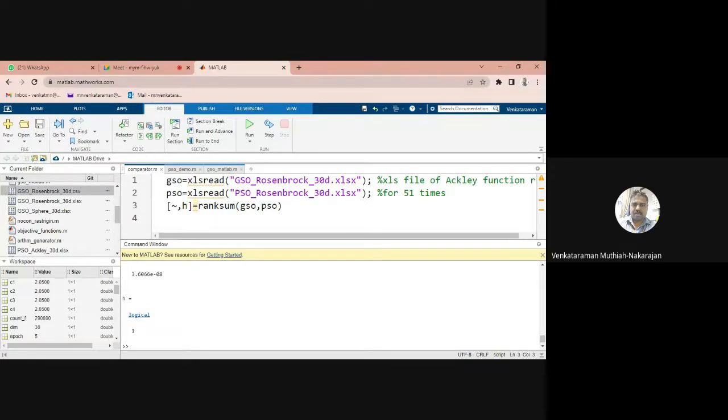But if you look into the actual variants of PSOs, there should be around 150 or 200, even in the published literature. That's quite huge. So I don't have a convincing answer. We cannot compare all the variants of PSO. That's quite difficult. So we choose one of the latest PSOs that are available, and we have to compare with them.